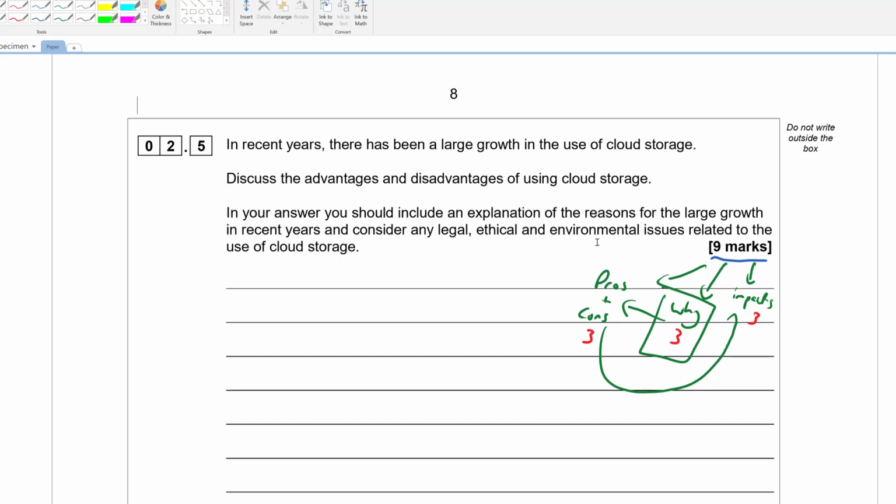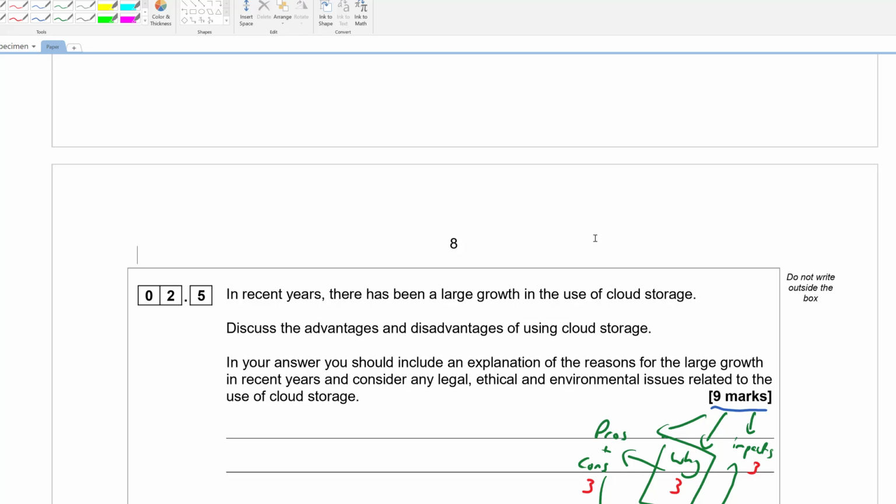So what are some reasons for cloud storage really picking up? Cost is always a factor, right? I would say costs have gone down for big capacity devices. So you can now get, say, 8 terabyte hard drives, which are not too expensive. Cloud storage providers can buy lots and lots of massive hard drives. It makes it more efficient for them.